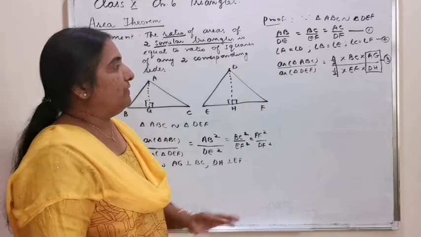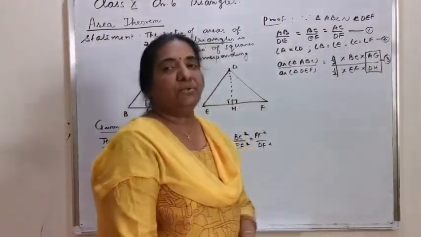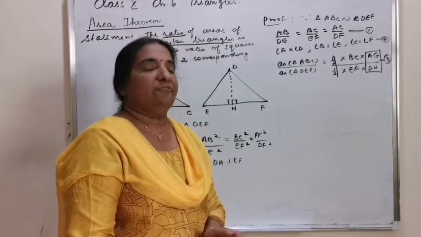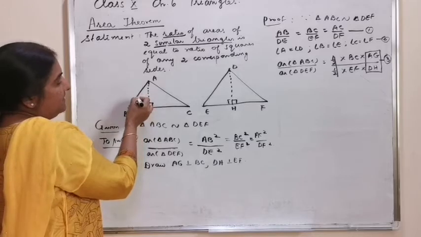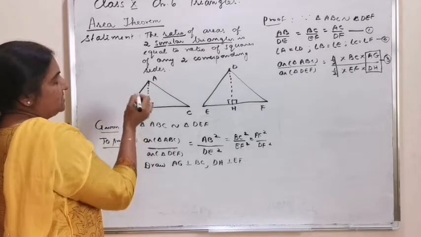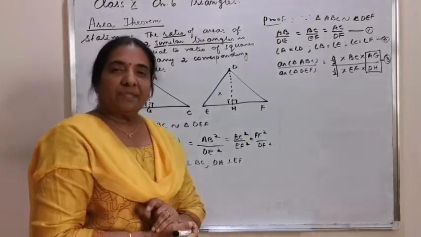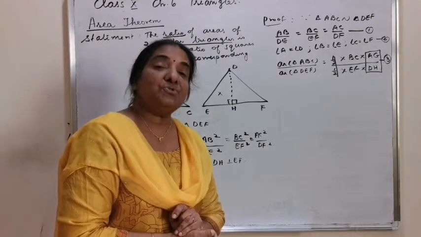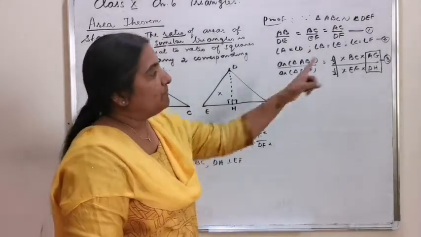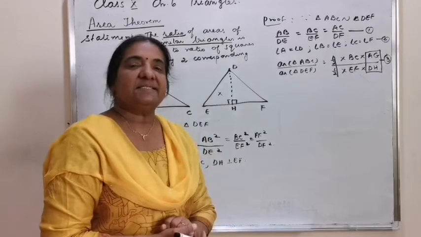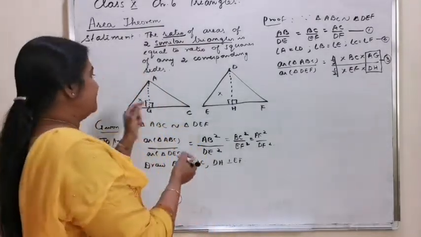How to prove that AG by DH is equal to BC by EF? That can be proved with the triangles AGB and DHE. If you are able to prove those two triangles are similar, the proportional sides will give you AG by DH as BC by EF. Let's see how it is done.